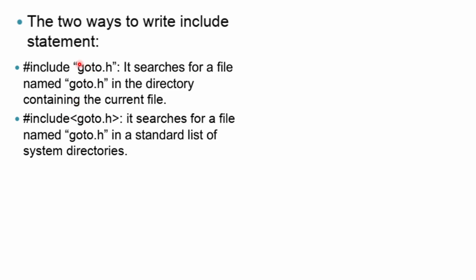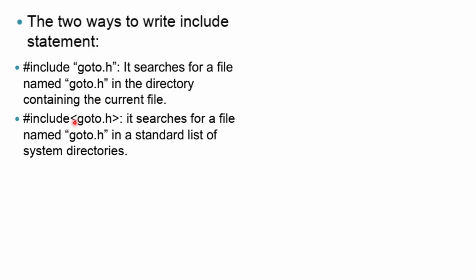For example, in case of double quote, when you are including any file in double quotes, it basically searches that particular file in the directory where your C program file is present, in the same directory.